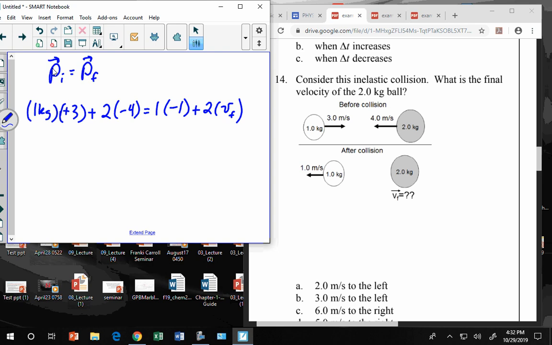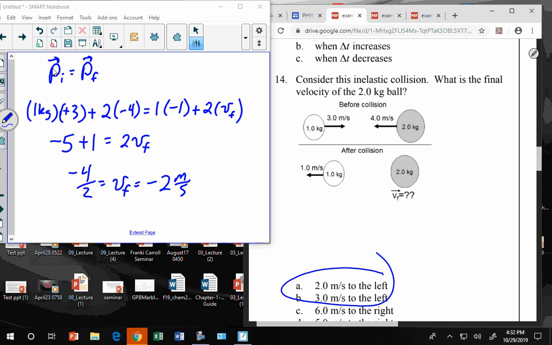So 3 minus 8, that's negative 5, plus 1 equals 2 v_f. So that is negative 2 meters per second, or 2 meters per second to the left. So this guy would be going in that direction with 2 meters per second. I know it's to the left because it's negative.